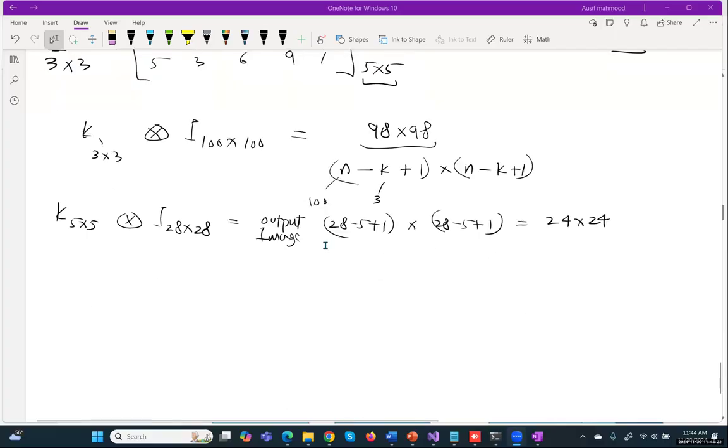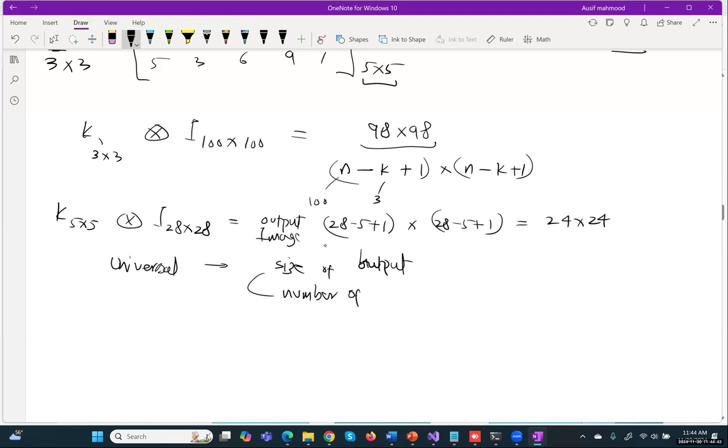Okay, so a question was asked to me about the universal approximation theorem and whether, depending upon the size of the output, there is a relationship between this and the number of neurons in the hidden layer.